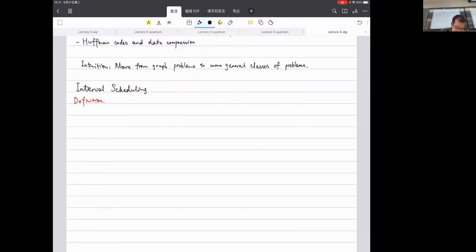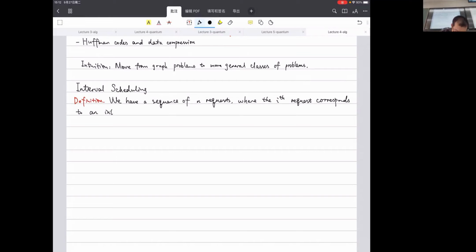So the definition is that we have a sequence of n requests, where the i-th request corresponds to an interval.